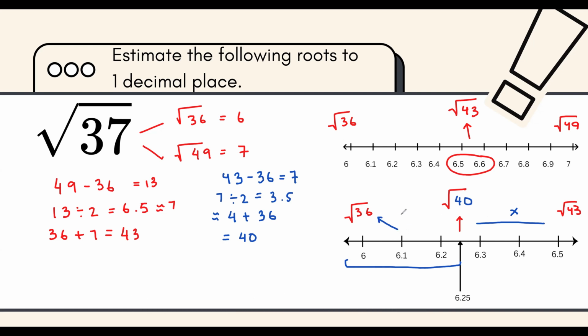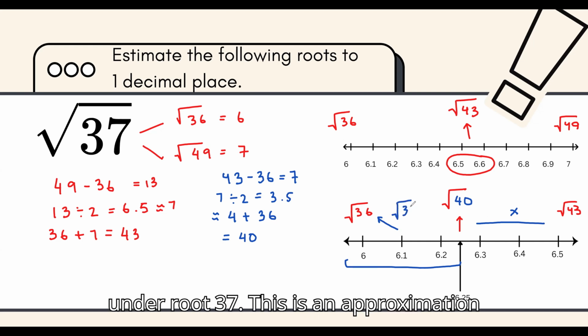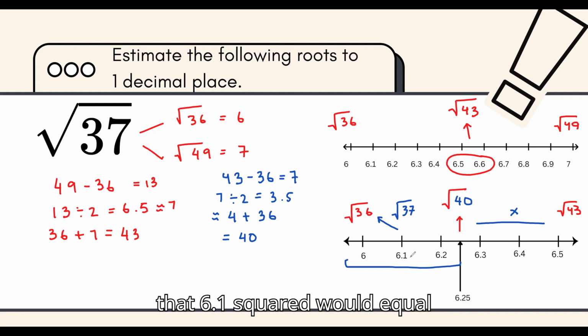So that means this is going to equal under root 37. This is an approximation that 6.1 squared would equal 37, and so the square root of 37 would equal 6.1. So this is how I can say that approximately under root 37 is going to equal 6.1.